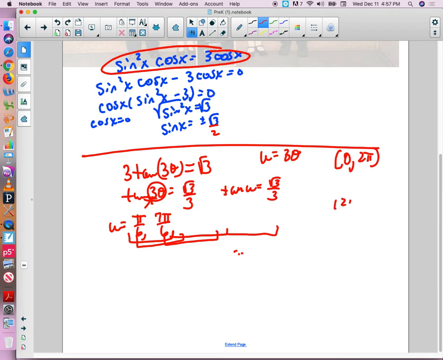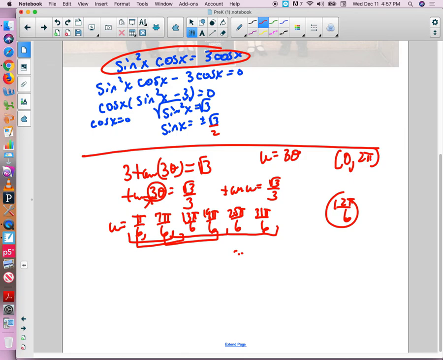2 pi is 12 pi over 6. So this one's going to be 13 pi over 6. And then this one is going to be 19 pi over 6. Then add 12 pi over 6 again for 25 pi over 6 and 31 pi over 6.